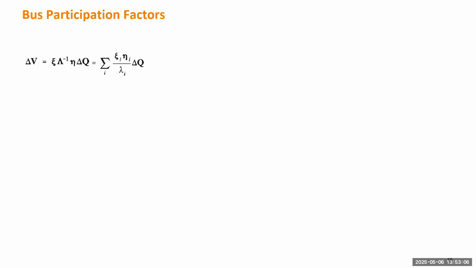So we start from this equation. And we notice this item tells you how the voltage can change with Q. If we focus on a single bus, bus K, we'll pick one element, one partial differential.